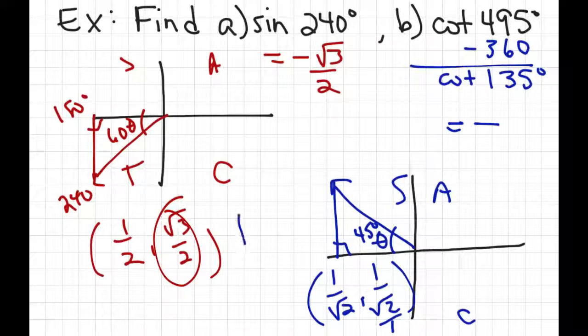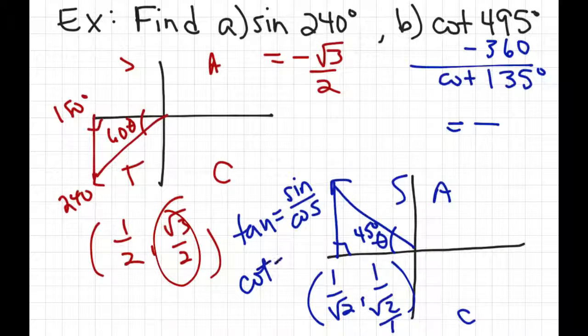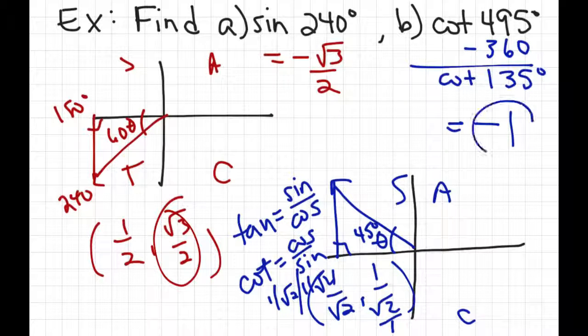So if tangent is sine over cosine, then cotangent must be cosine over sine, which means it's 1 over the square root of 2 over 1 over the square root of 2, which is 1. And since it's in quadrant 2, the answer must be negative 1.